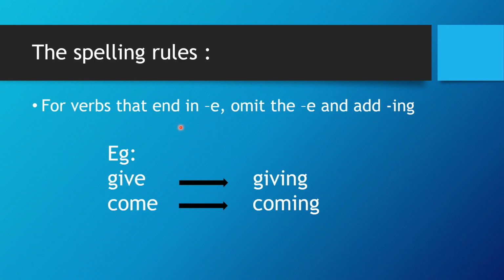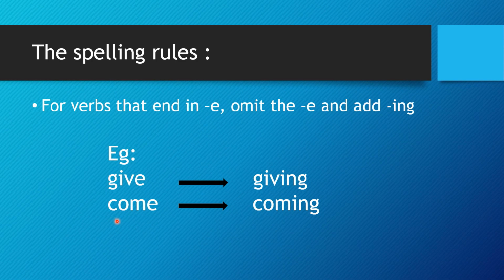For verbs that end in e, we omit the e and add ing. For example, give. Okay, this verb ends with e. So we omit the e and we add ing. So give becomes giving. Okay.